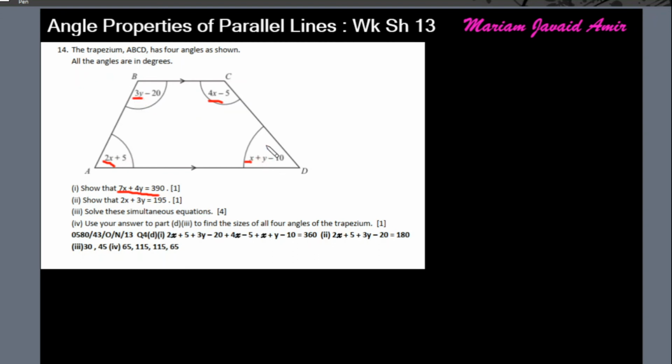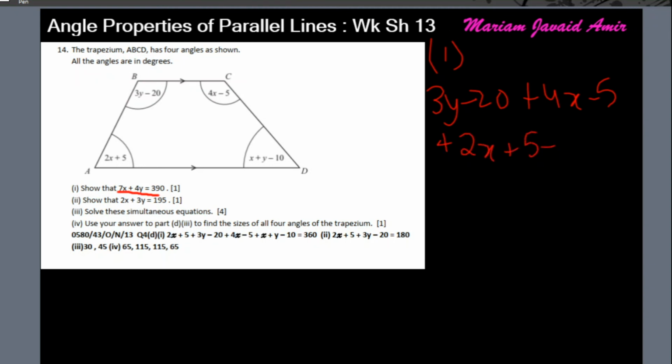So we can tell by looking at the figure that the first equation will be obtained by adding all the given angles and equating them to 360 degrees. So when you solve this, you'll get this equation. Okay, solve and simplify.